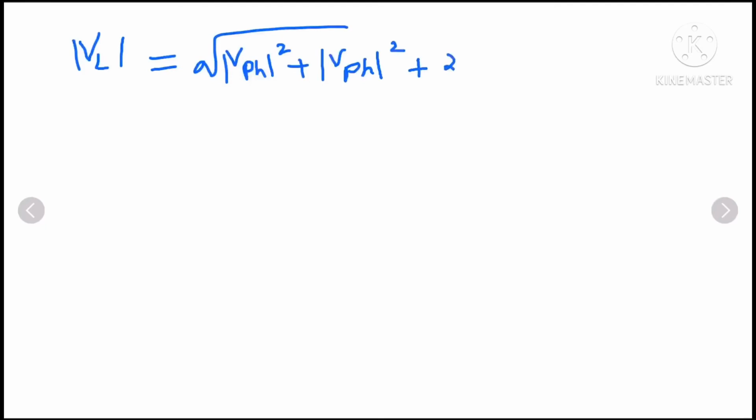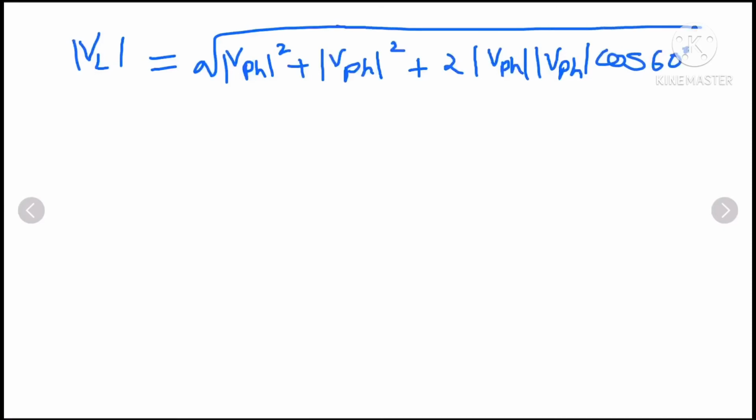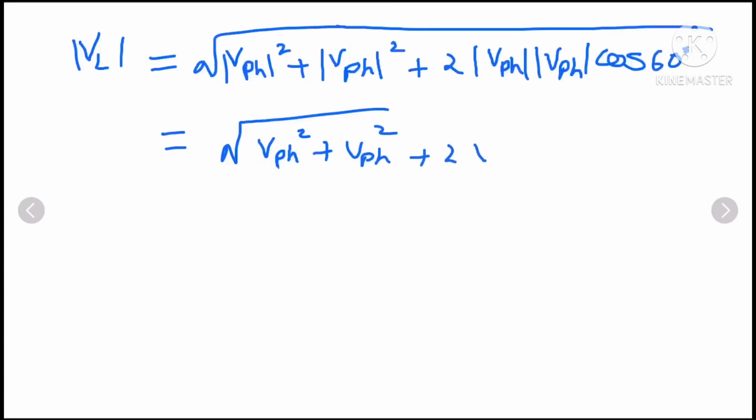Here we are considering only the magnitude, keep that in your mind, and the angle between those components is 60 degrees. Cos 60 is nothing but 1 by 2. So VPH squared plus VPH squared plus 2 VPH squared into 1 by 2.